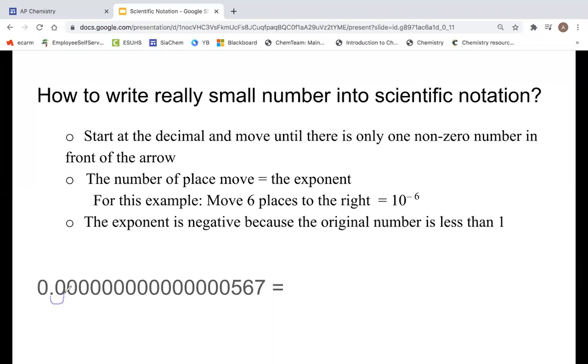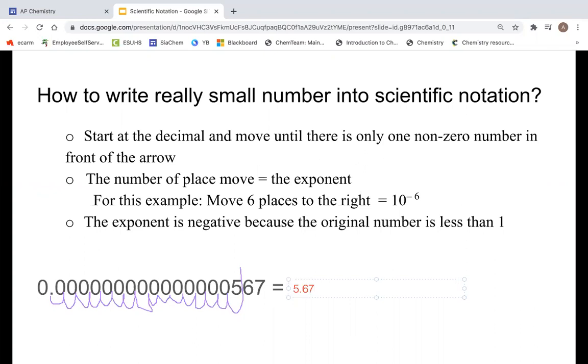So we're going to move 1, 2, 3, 4, 5, 6, 7, 8, 9, 10, 11, 12, 13, 14, 15, 16. I'm going to stop, okay? Now I'm stopping there because now you get a 1 point something to 9 point something number.